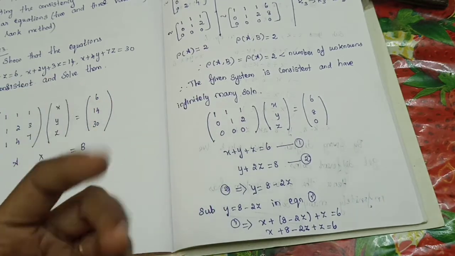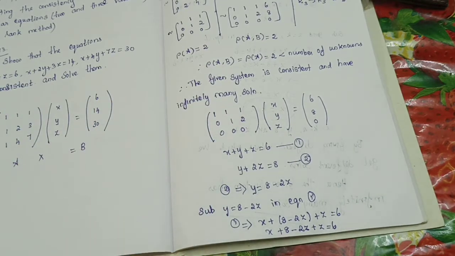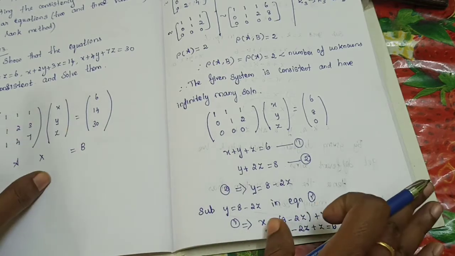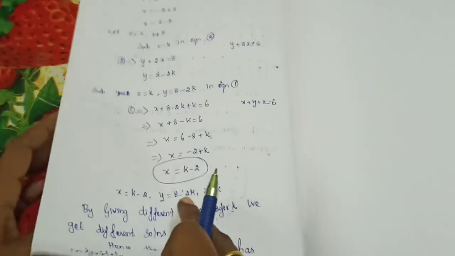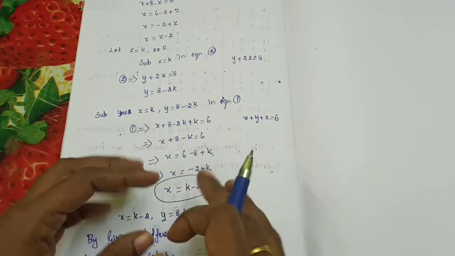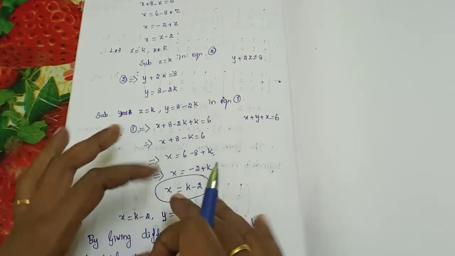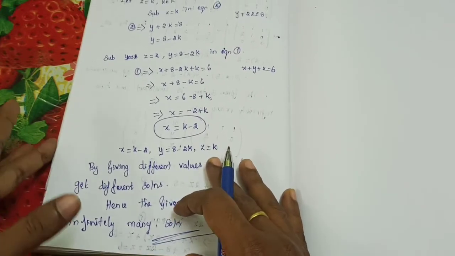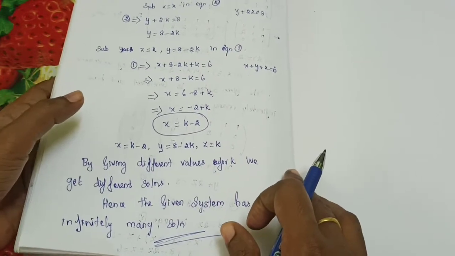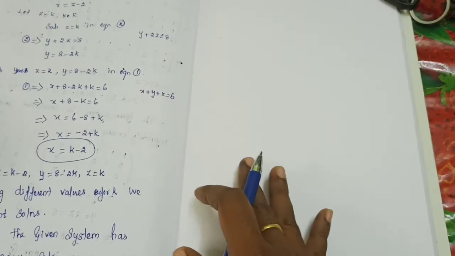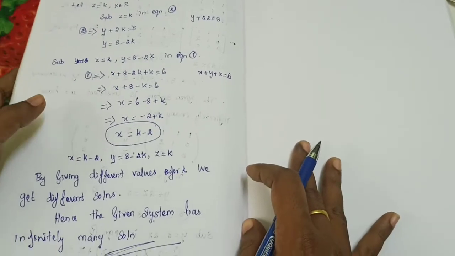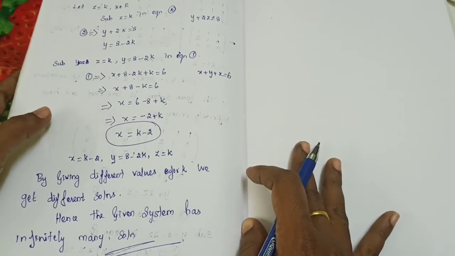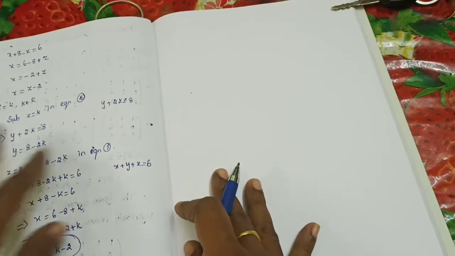So we are going to assume the third unknown variable as k, where k belongs to R. Then substitute z is equal to k in a certain equation, and you will get the x value. Finally, we conclude that for different values of k, we will get different solutions. Therefore, the given system has infinitely many solutions. Understand all of you? Let's move to the next question.